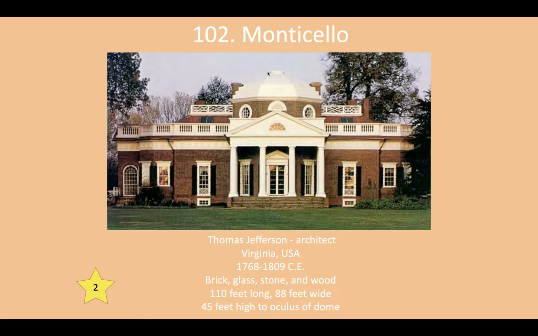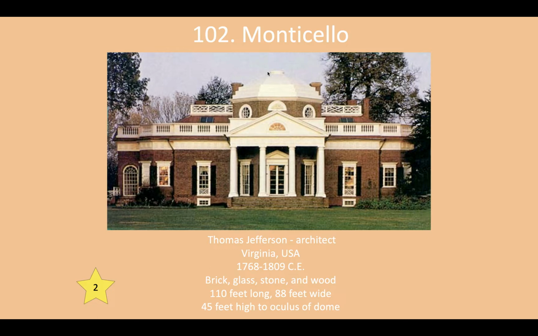So we're really looking at a building that is highly, highly, highly influenced by ancient and old design. So when we're looking at the pediments and the columns, that's clearly Greek and Roman, right?